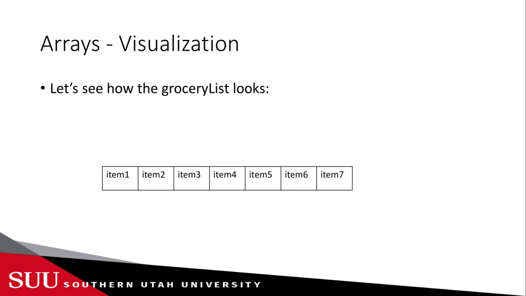So I have my items listed one by one in my array, and these are the indices. As we said, we'll start from 0 to n, or if you want to be more specific, it is going to be n minus 1, because remember I have 7 items in here, but my last index is going to be index number 6. Those are my elements in my array, and those are the indices.